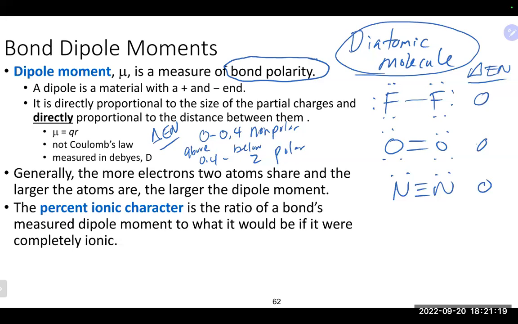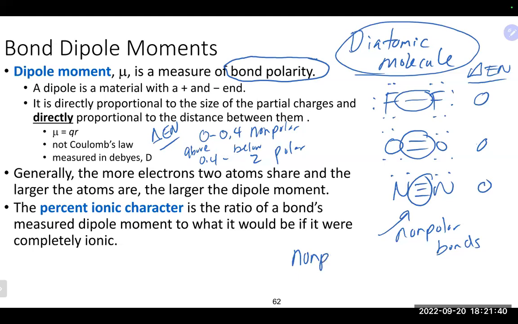They have the same value, right? So 4 minus 4 is 0, and so forth. That means that this bond here, here, and here, they're all non-polar bonds. And once again, because this molecule only contains that bond, that means that these molecules are also non-polar molecules.